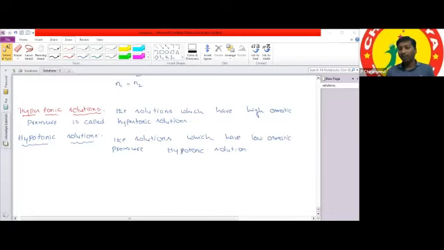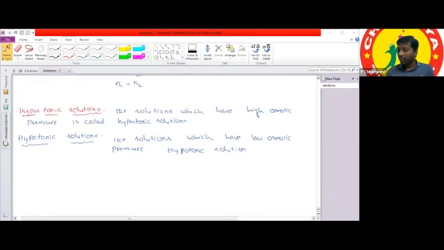Similarly, when you place the mango pickle in a hypotonic solution, it is going to swell. That process is what we call hemolysis.